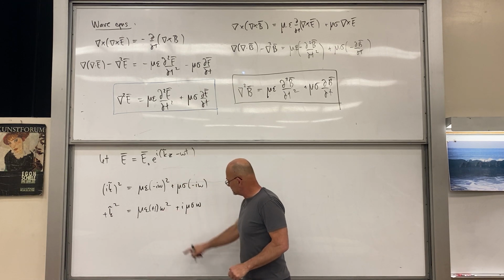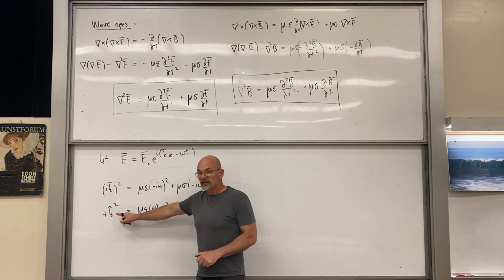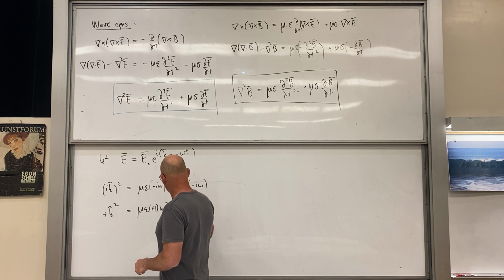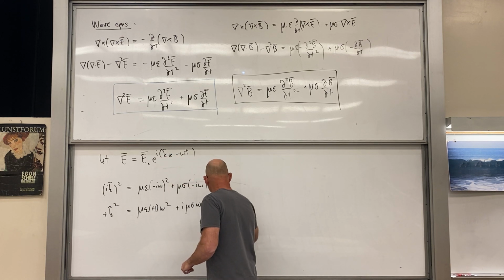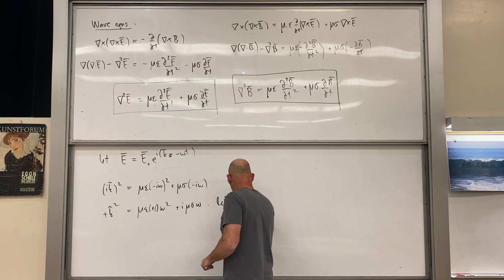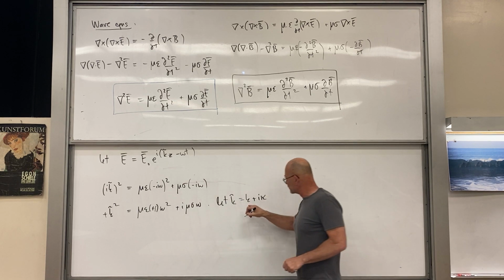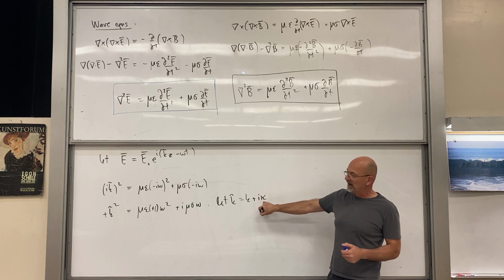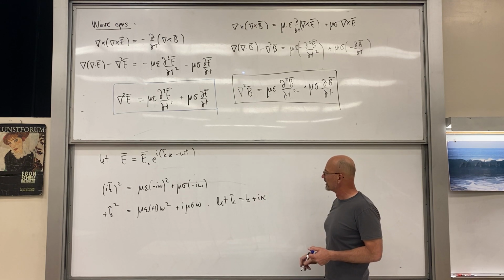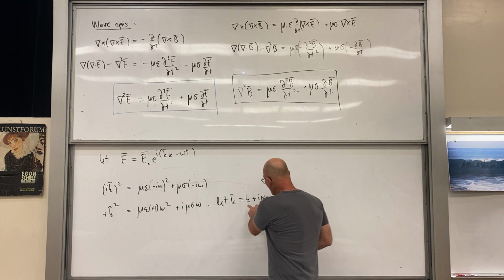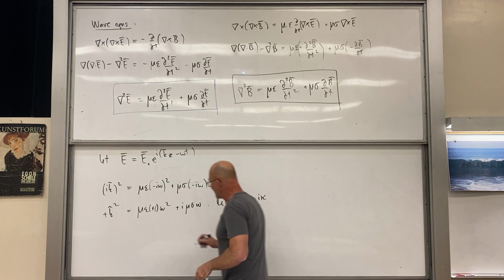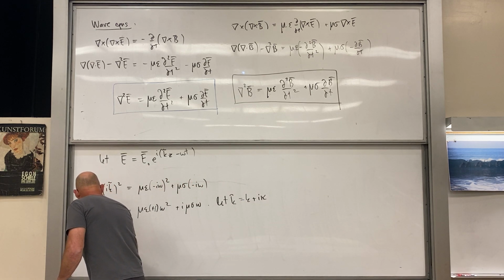But again, real, imaginary, so that's got to be the following. What we're going to do is let k tilde be a real part plus an imaginary part, so it's a real k and an imaginary kappa. When you square this, you get k squared minus kappa squared for your real part.